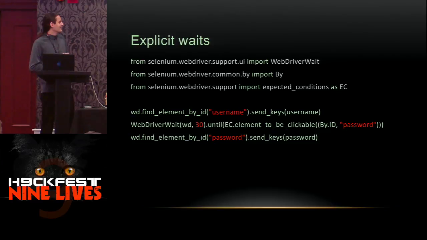It's almost natural language, which makes it hideous. But you can probably see where it's going with this. It's waiting for an element to meet some condition in the expected conditions library. And then and only then, once the password element is clickable, will it send keys to the password element.